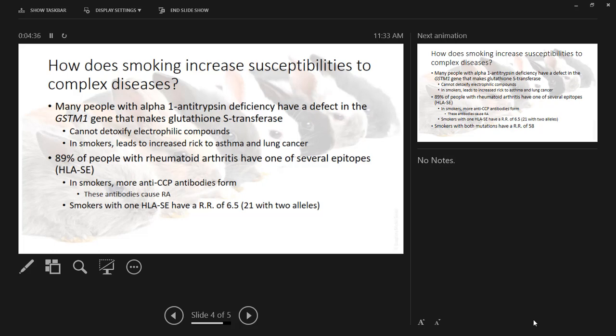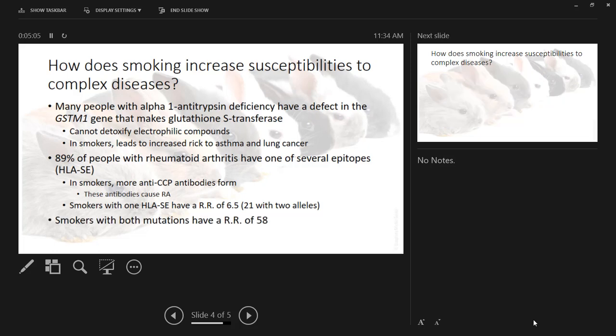So here, we probably built this prospective study to follow people with a mutation in this gene complex and people without a mutation in that gene complex, or to follow just smokers and non-smokers. And then if an individual has two mutant alleles in those genes complex, you have a relative risk of 21, meaning 21 times more likely to develop rheumatoid arthritis.